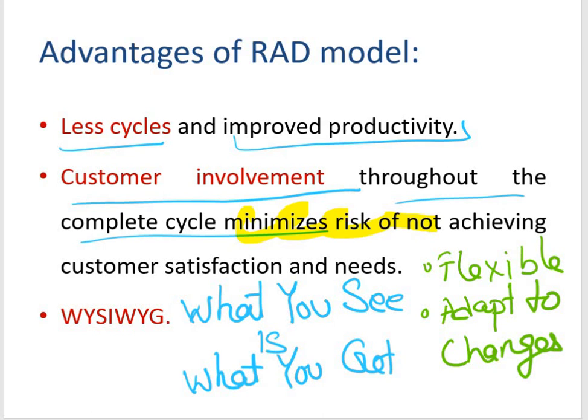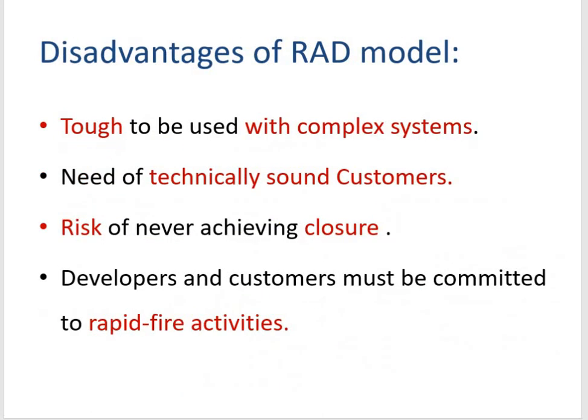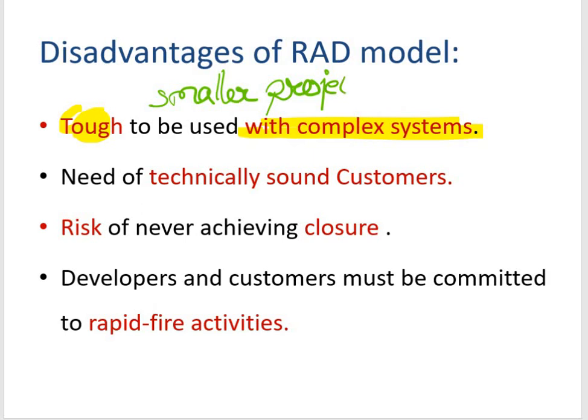There are some drawbacks associated with this as well. One is, once again, it is tough to be used with complex systems. See, frequent changes are there. In complex systems, it's not possible. So, good for only smaller projects. Customer's involvement is there, so I need to have a technically sound customer.